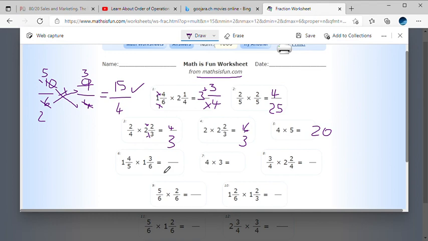So 5 times 1 is 5, and 5 plus 4 is 9, so 9 upon 5. And then the next one: 6 times 1 is 6, and 6 plus 3 is also 9, so 9 upon 6.